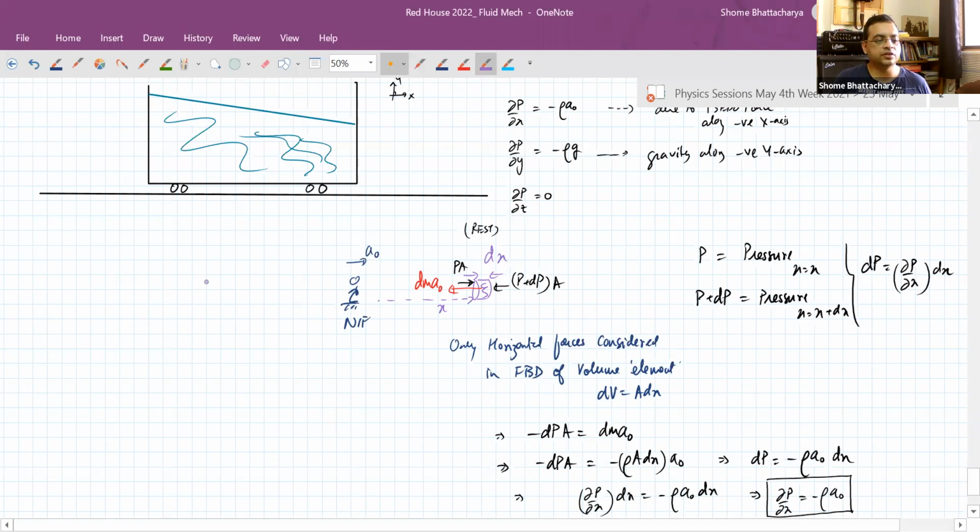Whereas in the same non-inertial frame, if you consider a vertical element and you consider only vertical forces in your FBD, then you can show that the gravitational force has to be balanced by the force due to the pressure difference. The same thing over here. In this case, the dP will be del P by del y into dy, and doing all this you'll be able to show that.